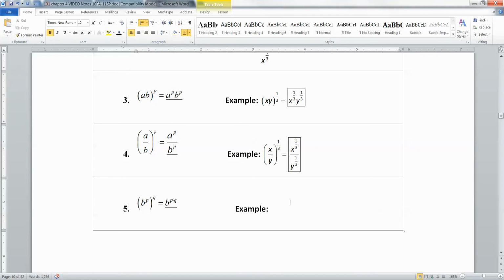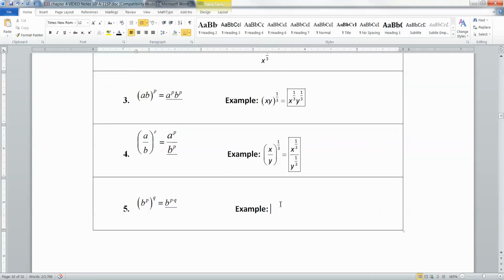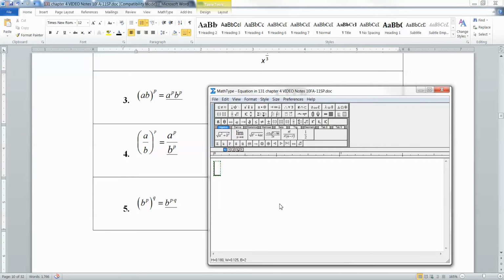Okay, so then what about the last one? And don't forget, people always confuse 1 and 5 with each other, so be careful with that. If you have x to the 1/3, all to the 4/3, just making it up, what would that be? Well, according to this rule, it means you can multiply them.